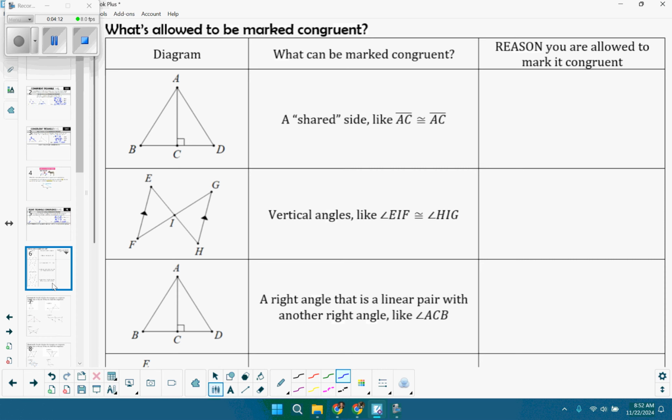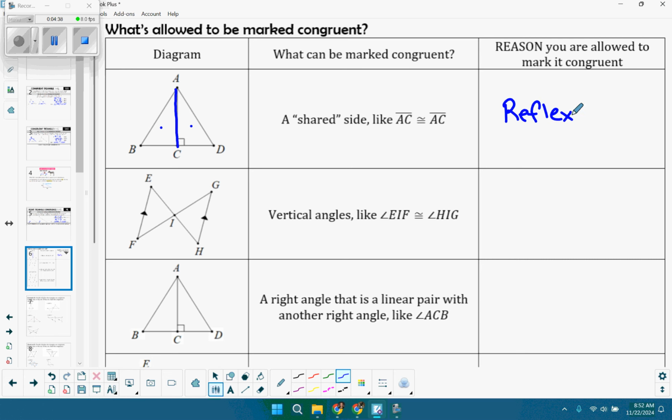So what's allowed to be marked congruent in a triangle? When we have a picture where one of the sides is part of 2 different triangles, we consider that a shared side. And if we think about why we would be allowed to say that segment AC is congruent to segment AC, that's the reflexive property.